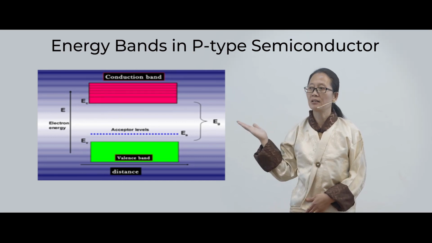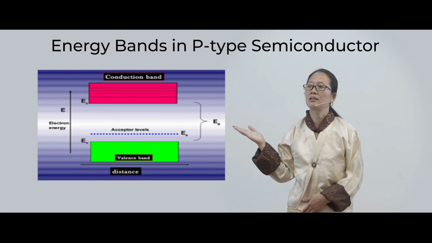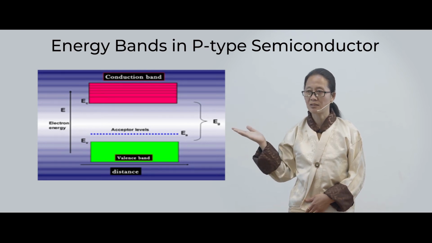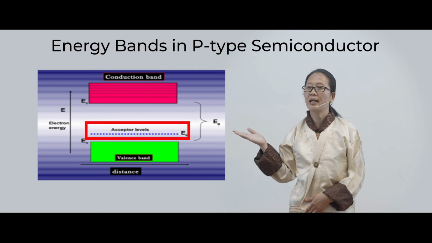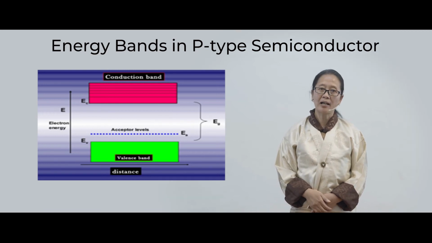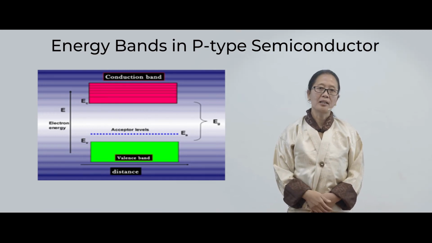You must have seen there is again one energy level just above the valence band, which is called the acceptor level. Now, why acceptor level? Remember, in n-type we had donor level, and now we have acceptor level.